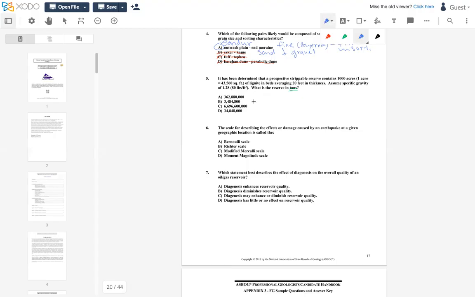So how I would start this problem, I'm not sure if I have enough room, but we'll see. How I would start this problem is I always start with what I'm given. So I'm told that I have 1,000 acres, and I'm told 1 acre is equal to 43,560 square feet. So I'm just going to convert what I have into square feet.